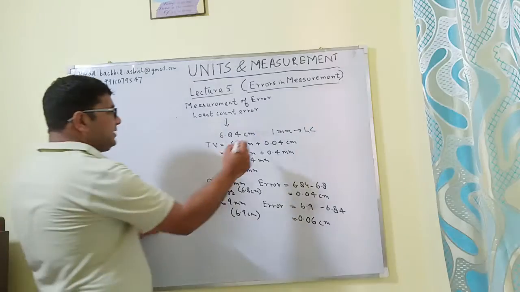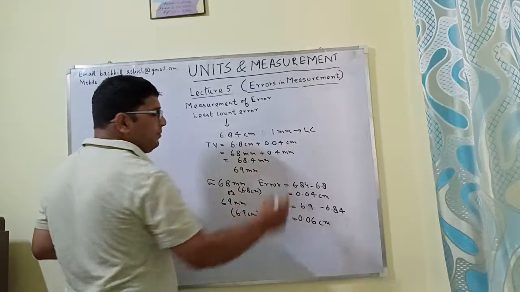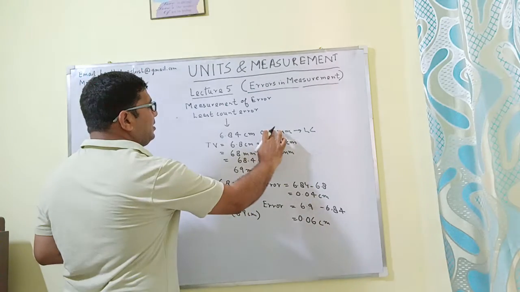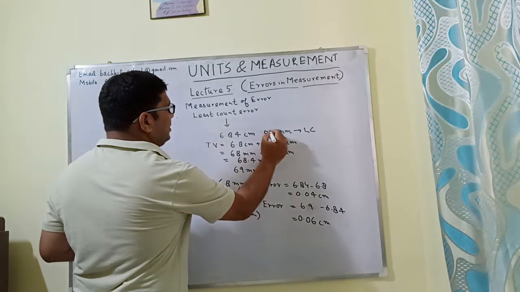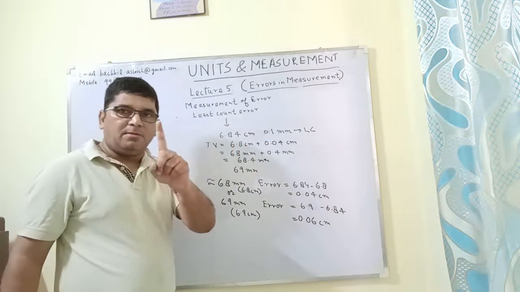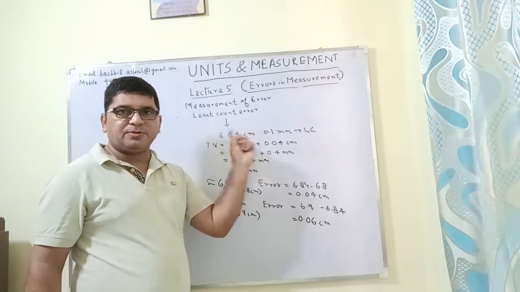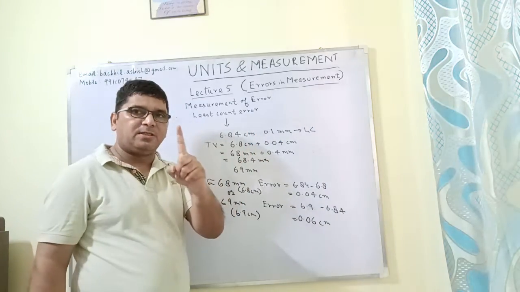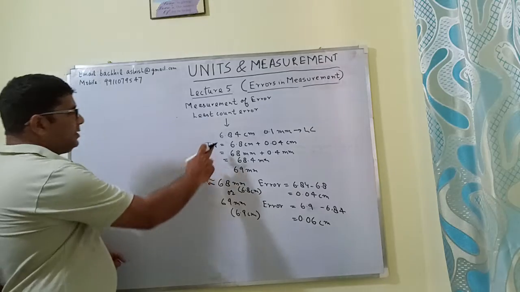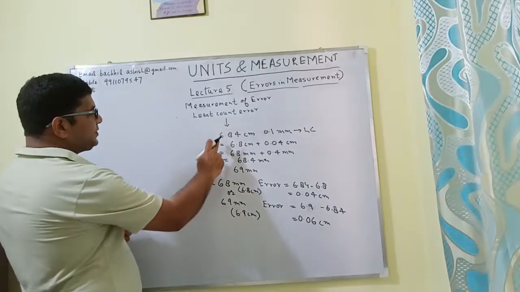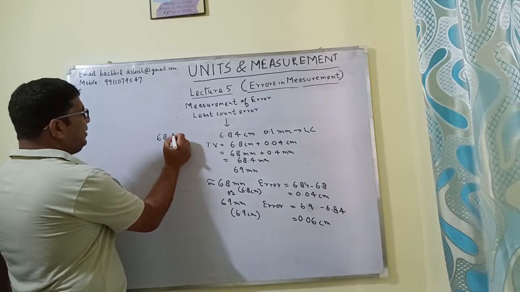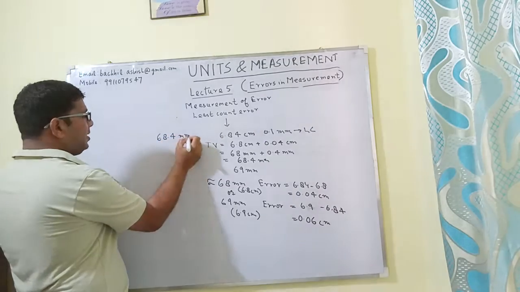Second thing, let us say I have been given another instrument which has a least count of 0.1 mm. 0.1 mm means that on that measuring instrument, the value of one division is 0.1 mm. So now 6.84 centimeter is equal to 68.4 mm.